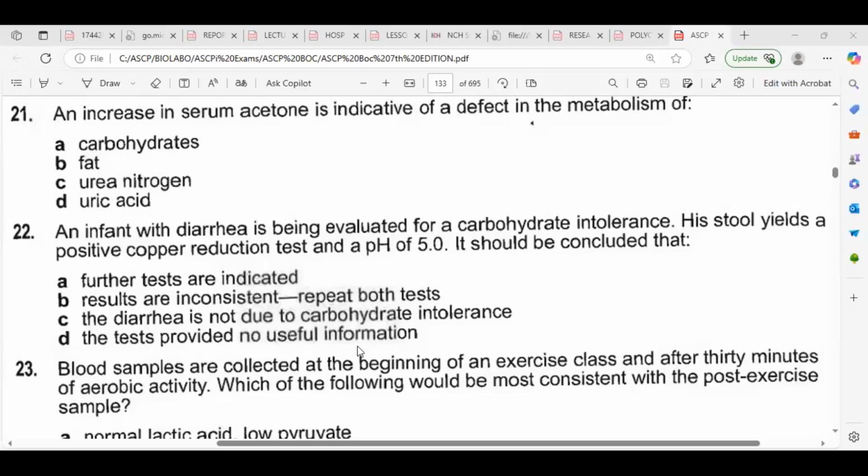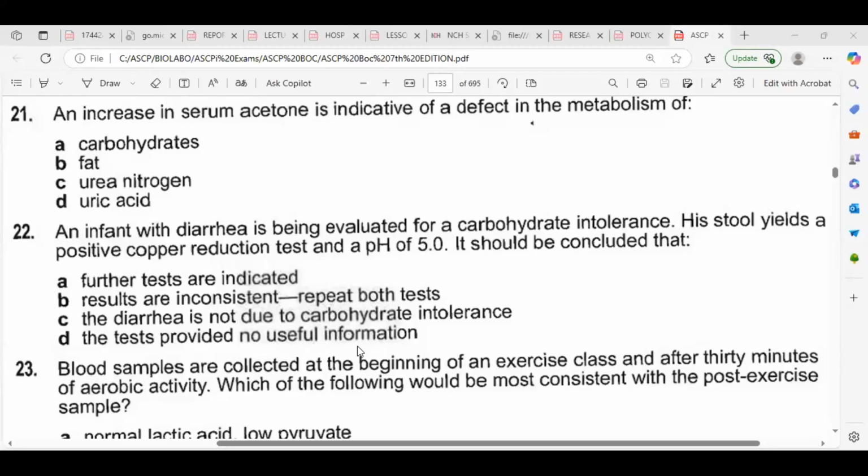One of the causes of diarrhea is malabsorption or maldigestion. Both of them are causes of diarrhea.